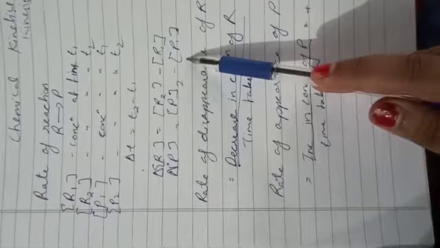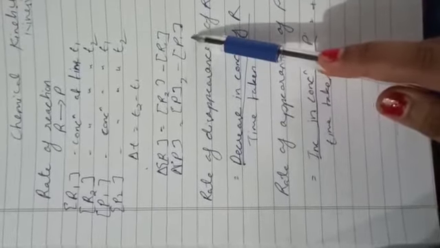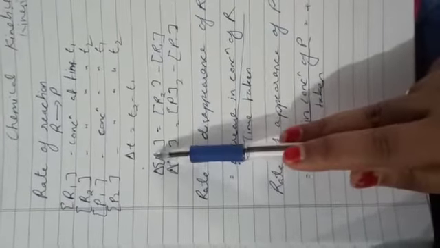Similarly, the change in the product, delta P, will be equal to P2 minus P1, the final concentration of the product minus the initial concentration of the product. The square bracket represents the concentration of the products and the reactants.